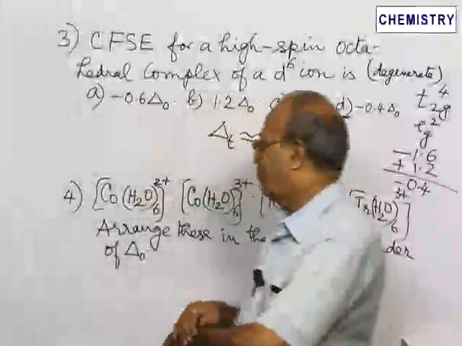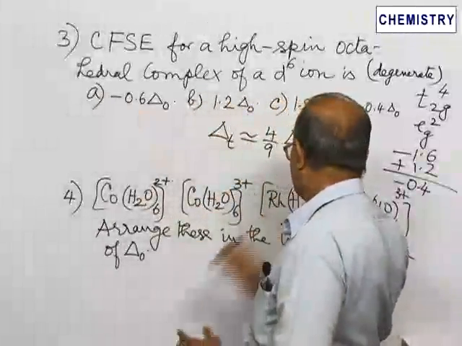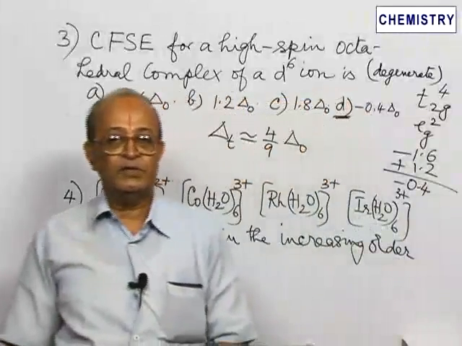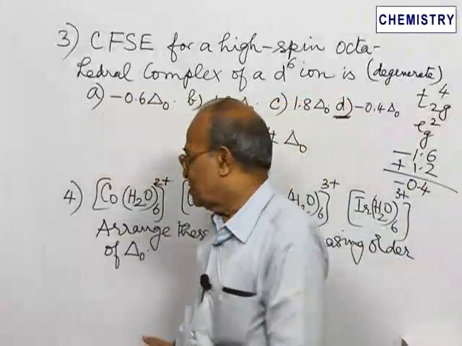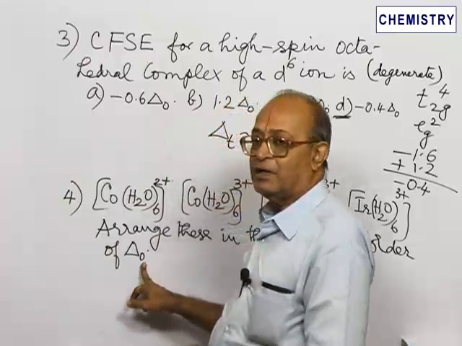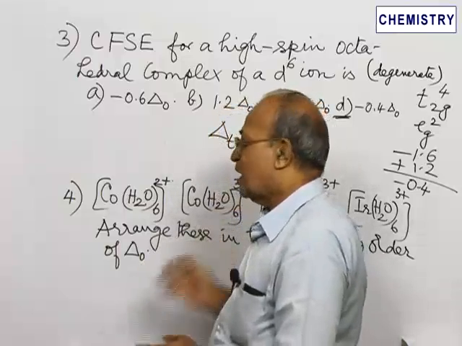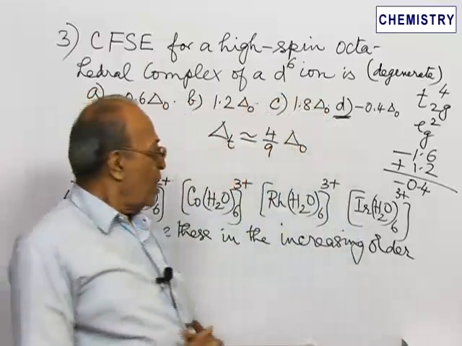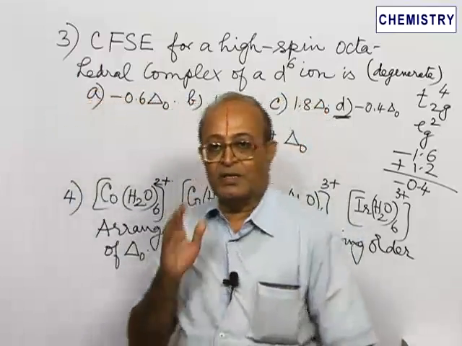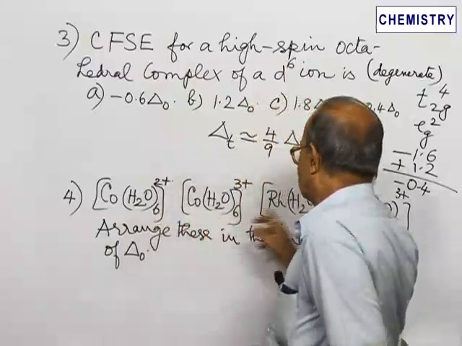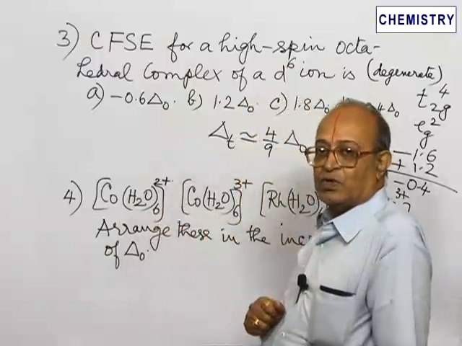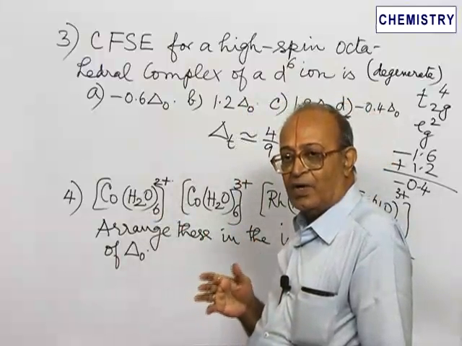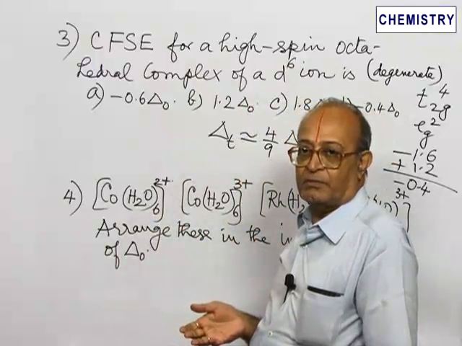Question number 4. I have given here 4 complex ions. This is also based on the delta O values. You can notice these 4 examples, all of them contain 6 water molecules ligands, so all of them will have the octahedral geometry.